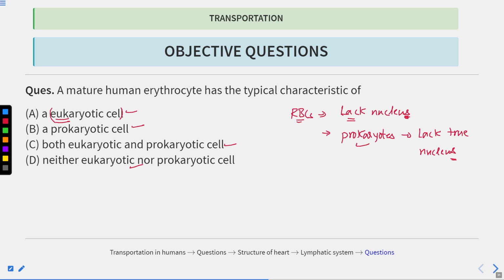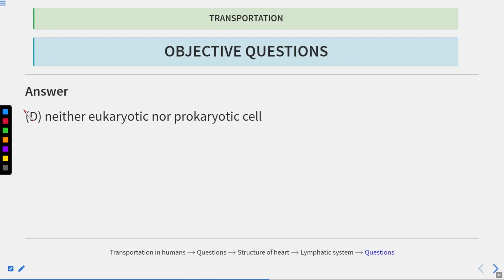RBCs are present in humans, and humans are multicellular organisms, meaning they are eukaryotes. And usually eukaryotes have a true nucleus, but RBCs lack the nucleus, which is a feature of the prokaryotes. Clear? So what should be the answer here? Neither eukaryotic nor prokaryotic cell.